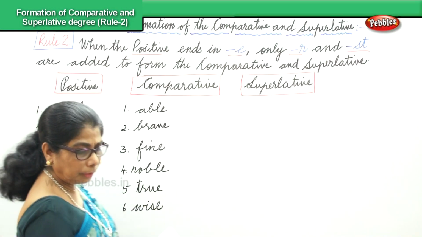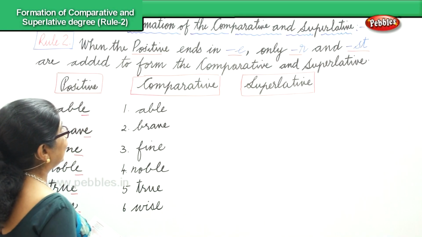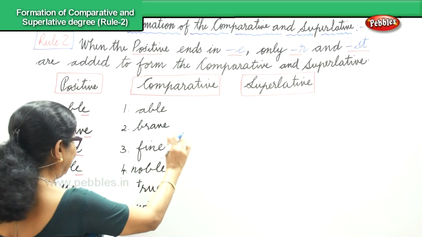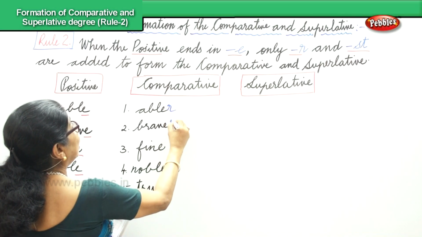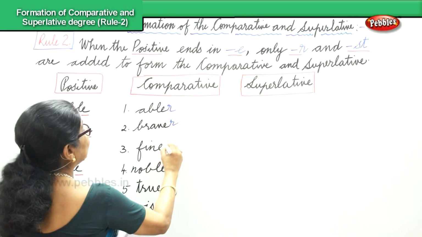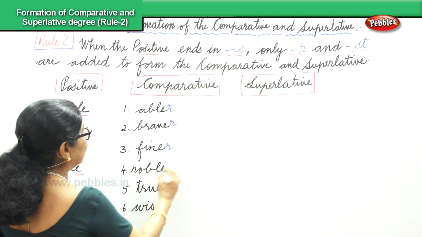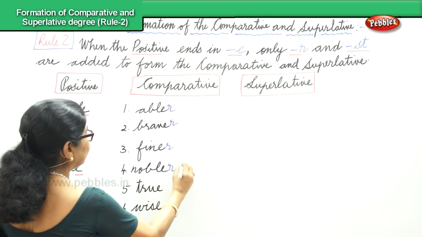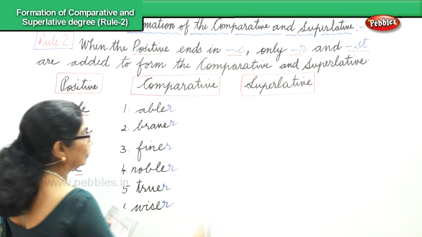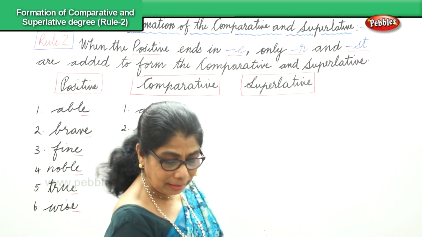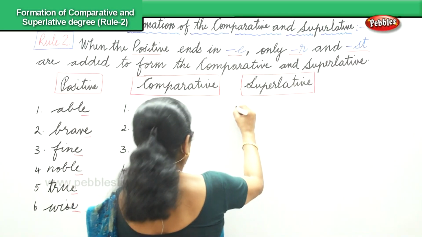Okay, now to form the comparative, we add R: able, abler. Only R is added to form abler, braver, finer, nobler, truer, and wiser.